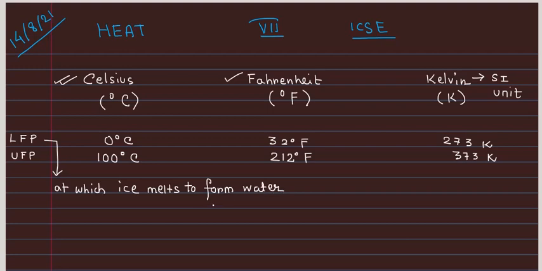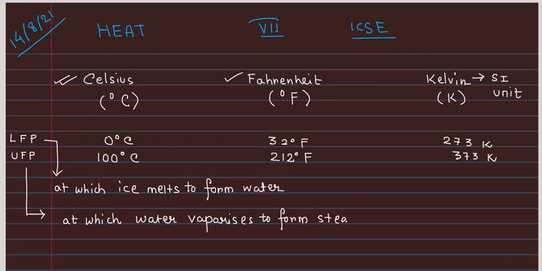So we define the lower fixed point as the temperature at which ice melts to form water, and we define the upper fixed point as the temperature at which water vaporizes to form the gaseous state of water, that is steam.